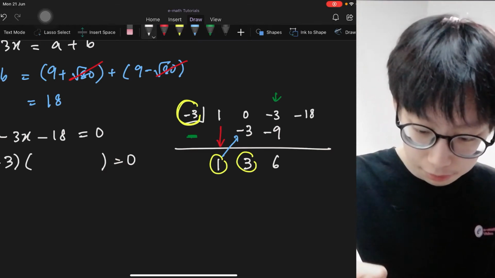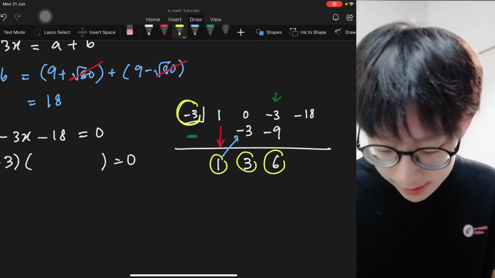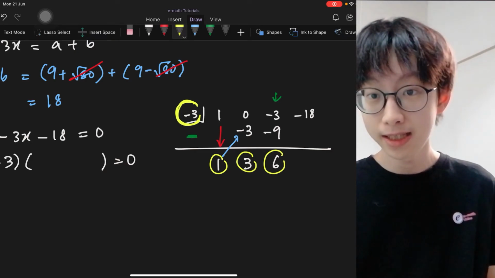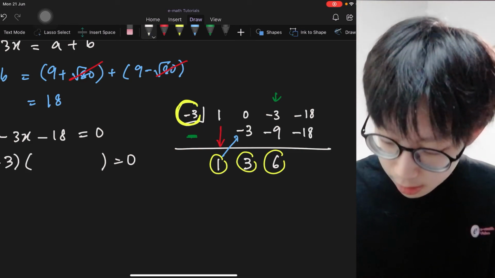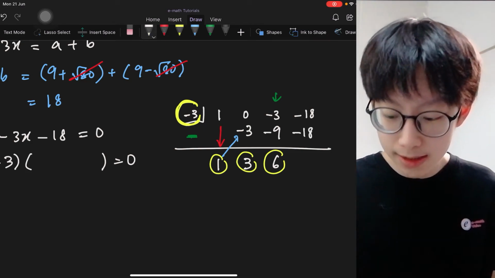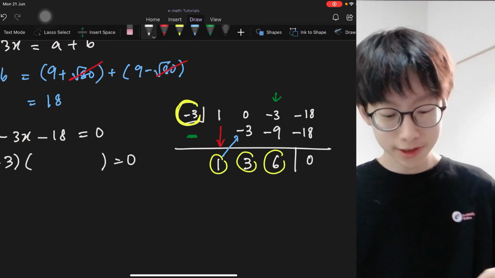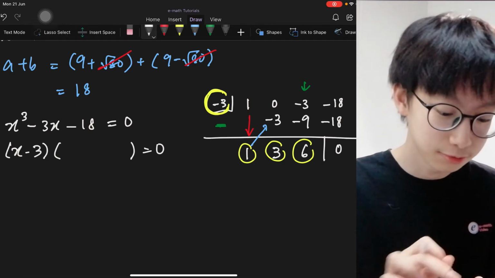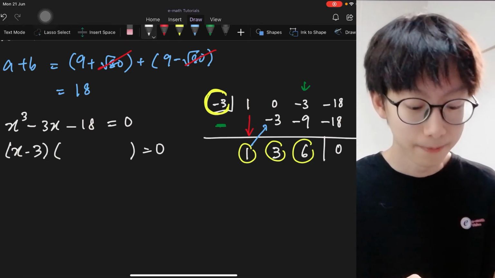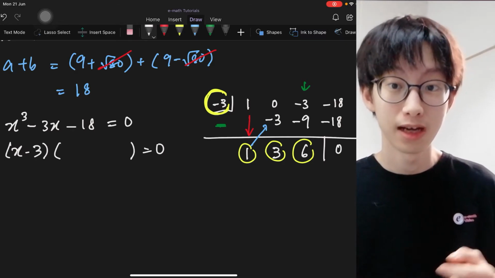Then we repeat this over and over again. 6 times -3 is -18, and -18 minus -18 is 0. So we just showed that x minus 3 is a factor of that trinomial, so x equals 3 is a solution for x.